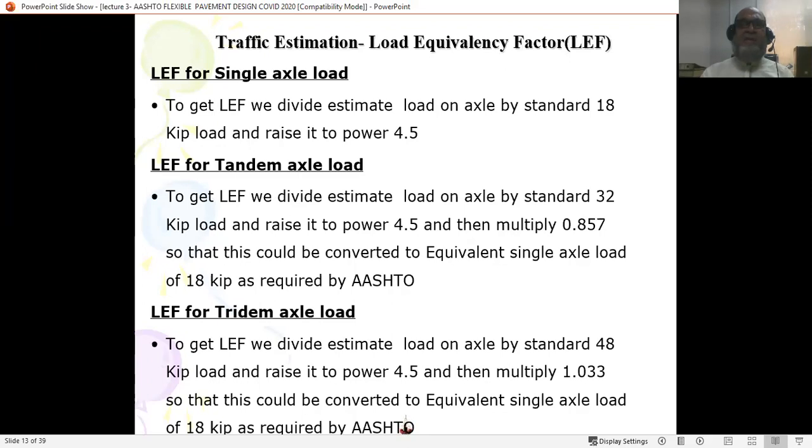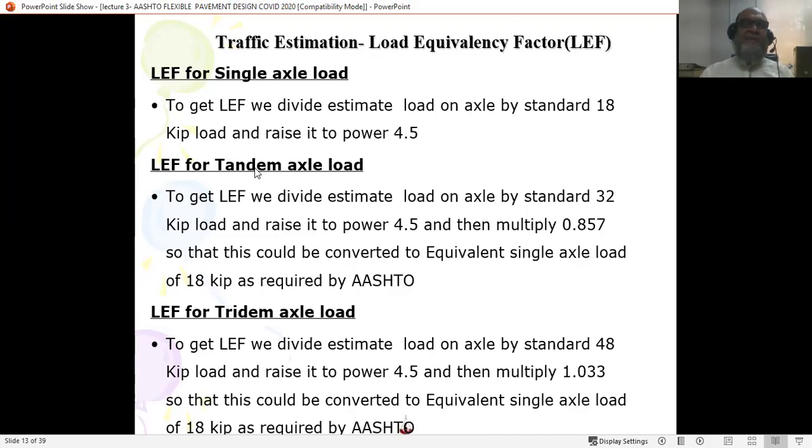So whatever is the load on an axle, irrespective of axle type, we always convert it to the load of a standard 18 kip single axle load. What we do is divide the given load, for instance that 4.5 ton, by 18 and raise it to the power 4.5.